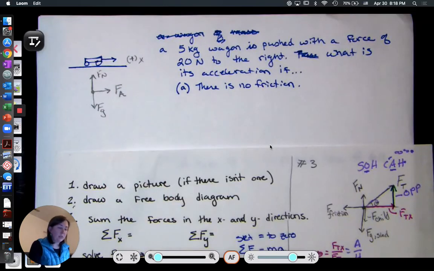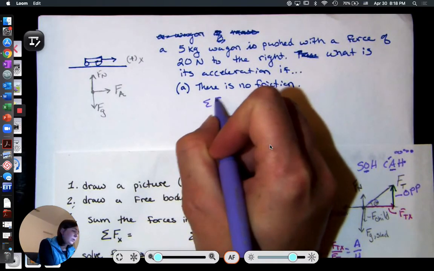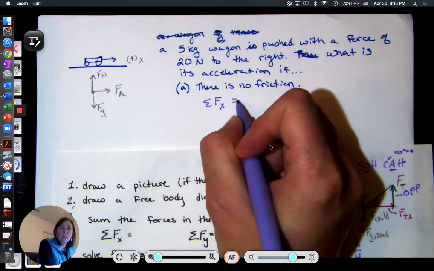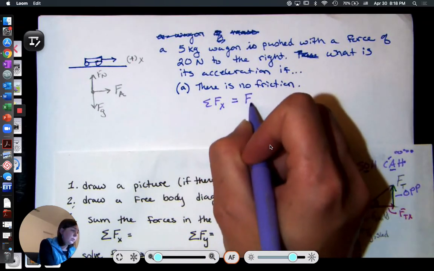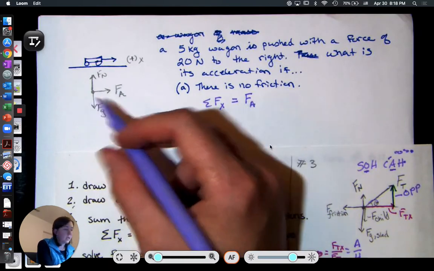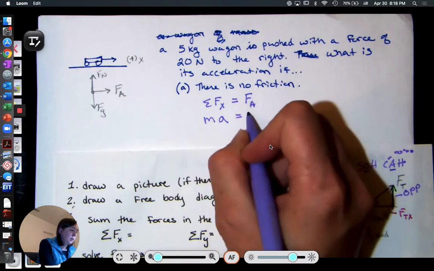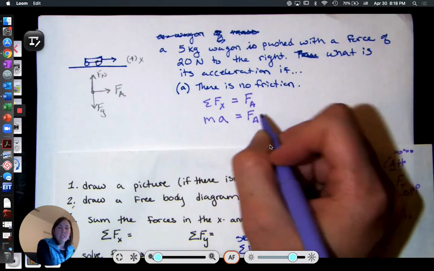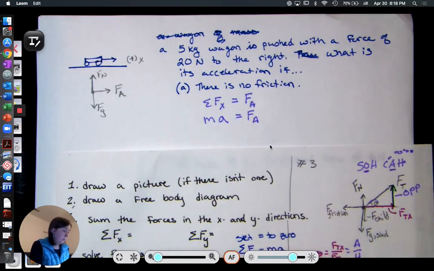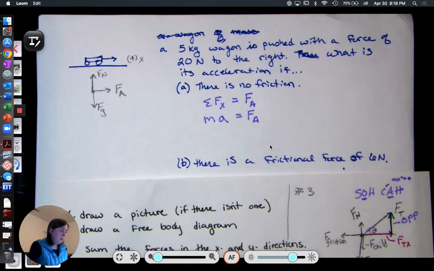So all we're going to do then is sum our forces in the x direction, and the only force in the x direction is the applied force. And so that is not 0. You can tell it's not 0. The mass times the acceleration is going to be our applied force. At this point we can plug in some numbers. We know that the mass of our object is 5 kilograms.